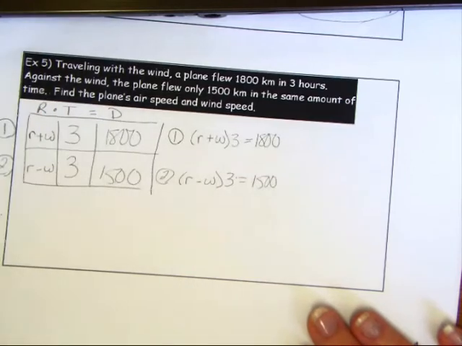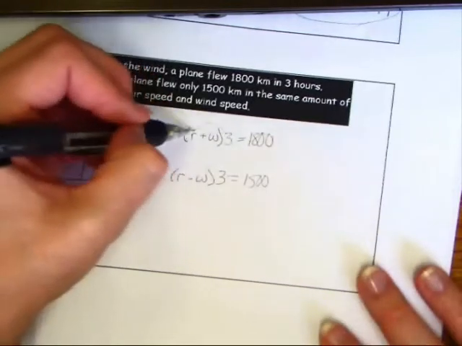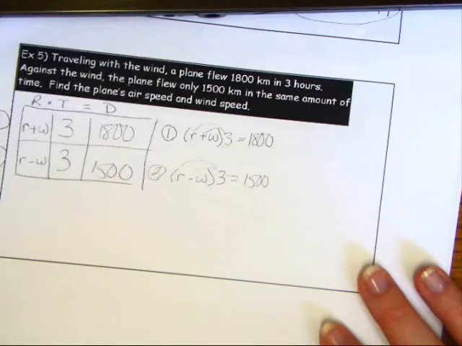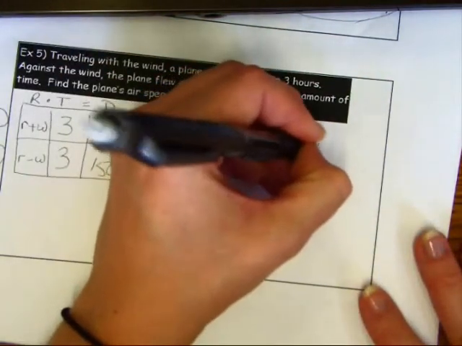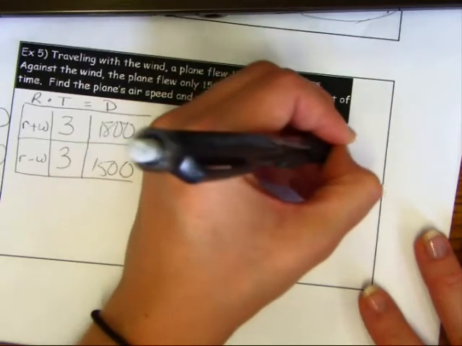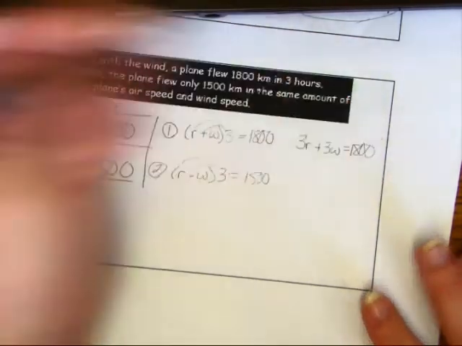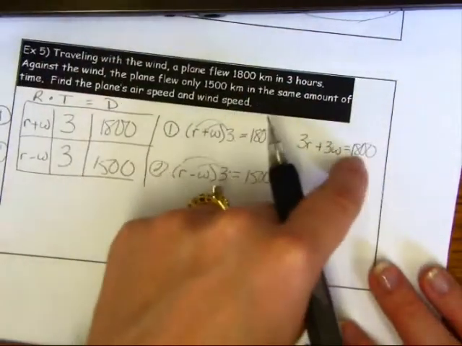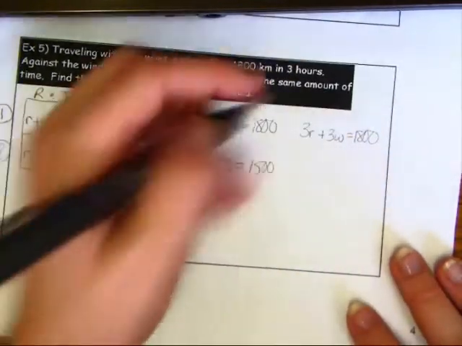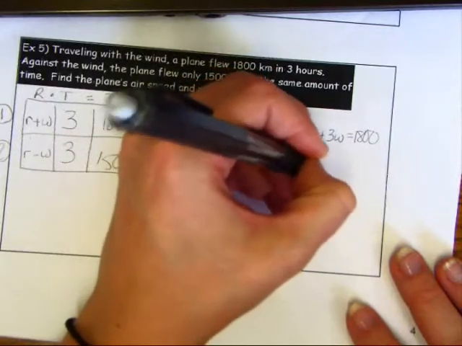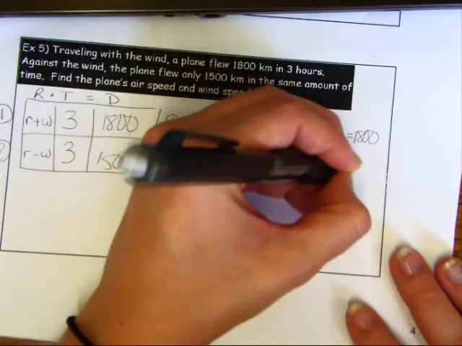Let's distribute in and see what we get. That is 3r plus 3w equals 1800. Some students notice you can divide out a 3. I'm going to pretend you don't notice that. And down here, 3r minus 3w equals 1500.